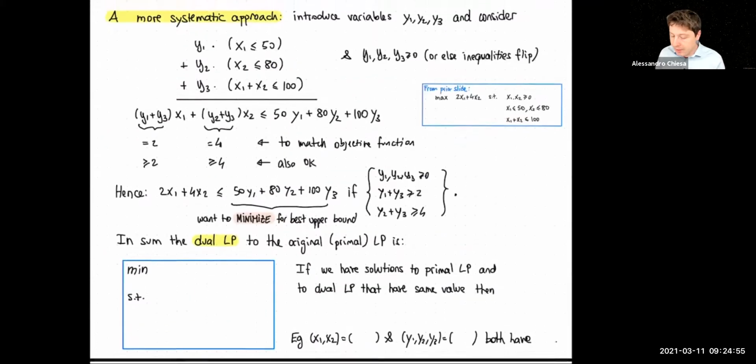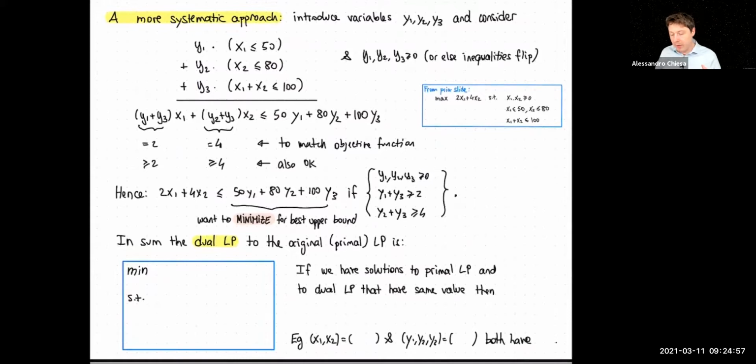So then the best coefficients that I can put are whatever I can minimize. Let me minimize this given these constraints. But look, that's a linear function. These are linear constraints. We have another LP. This is called the dual LP. We can write it.